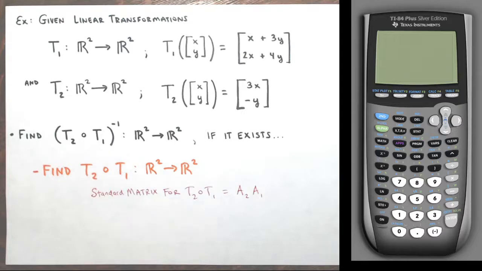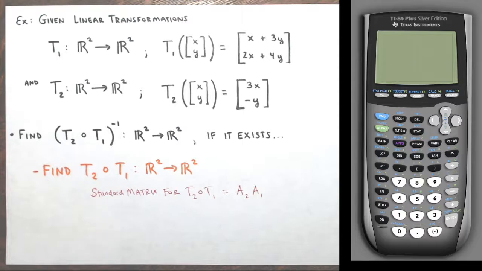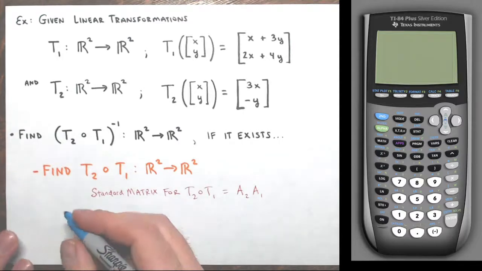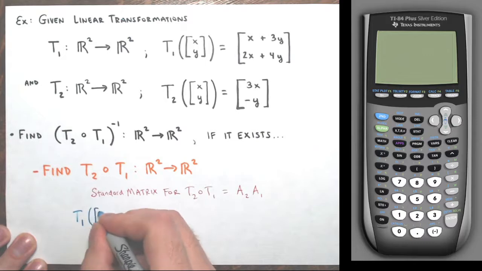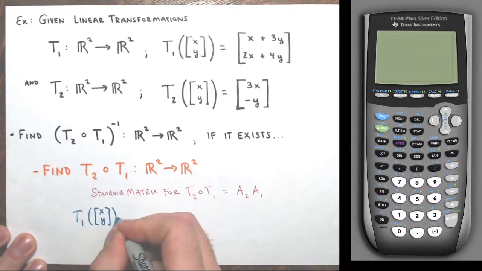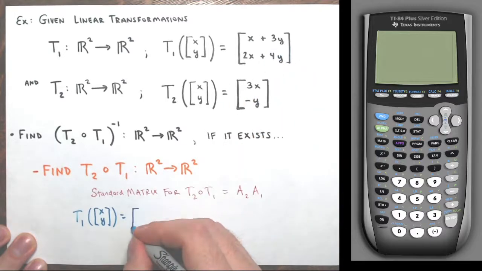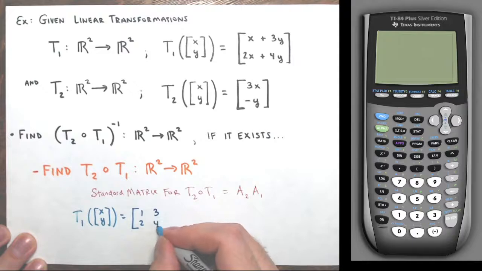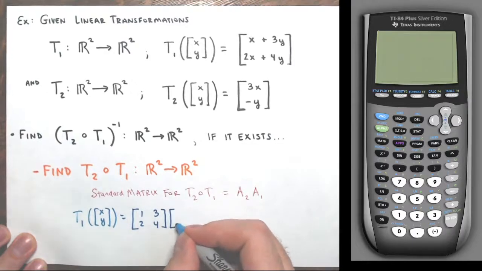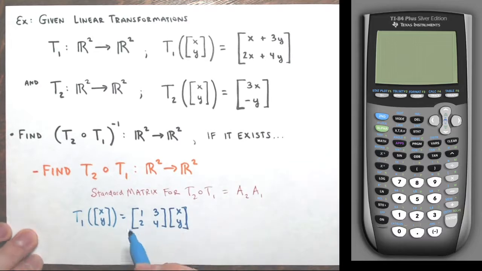So I'm going to go back up here. Let's look at T1 and T2 separately. T1 of vector x, y. Look at that output for T1. I can write that as a 2 by 2 matrix with 1, 2 down the first column, coefficients of x, then coefficients of y down the second column, times x, y. This is A1.